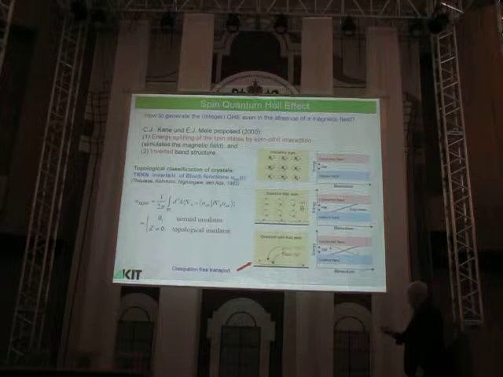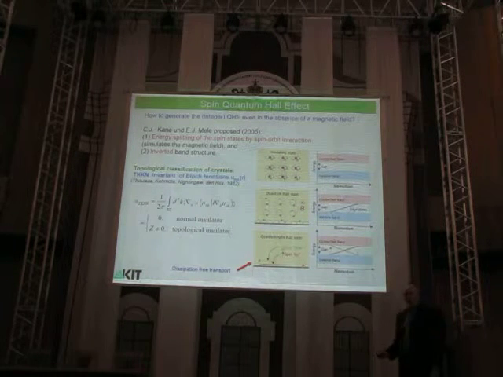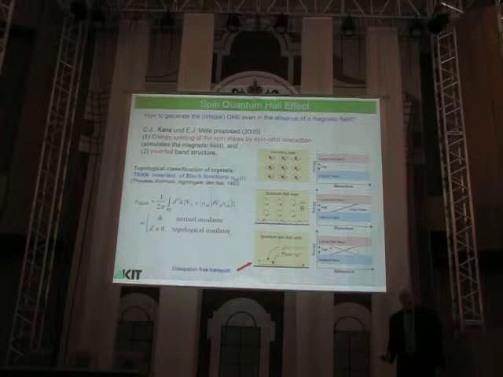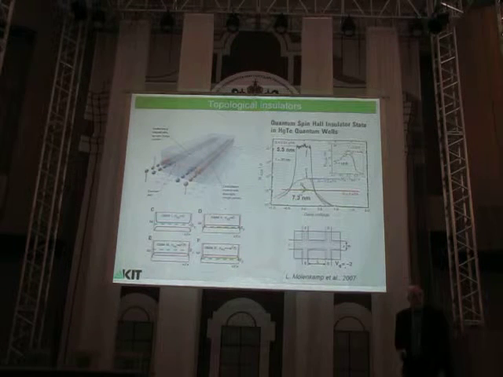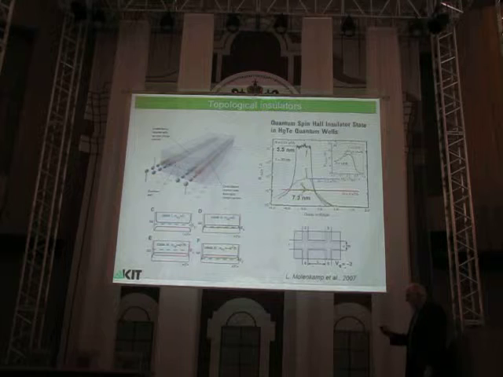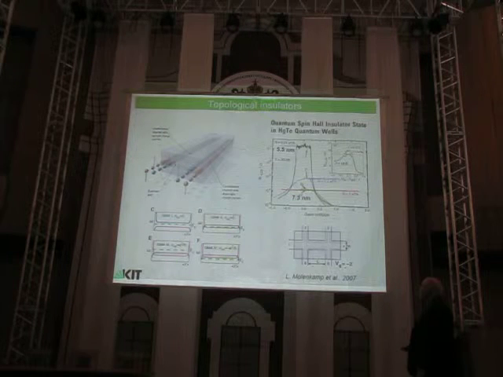Okay? Now, one such crystal is mercury telluride. Mercury telluride has this property. So what you have here is what has been done in the group of Molenkamp.